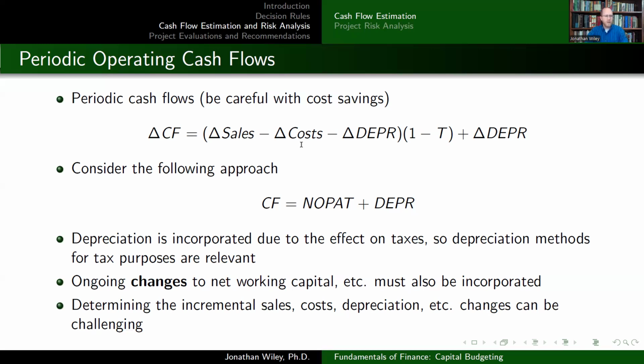Now, how exactly does the MACRS depreciation work? It's actually relatively simple. Where you start is you look at the asset you have and you determine the expected lifespan of the asset. So let's suppose I have an asset, I expect it to last for 3 years. If it's going to last for 3 years, I can look up in various resources and find a table with MACRS depreciation rates for a 3-year asset.